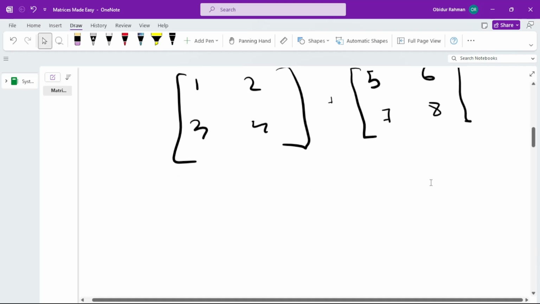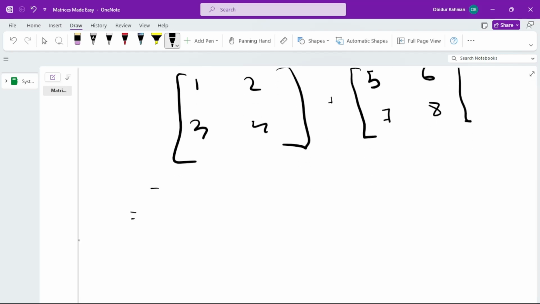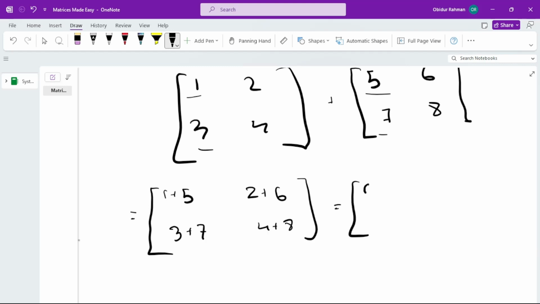So if we add those two matrices, 1 plus 5, 2 plus 6, 3 plus 7, and 4 plus 8. So it's 6, 8, 10 and 12. This is the addition of the matrix. We can do subtraction in the same way. There's no difference between those two.